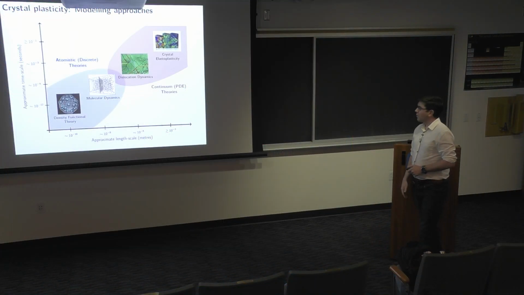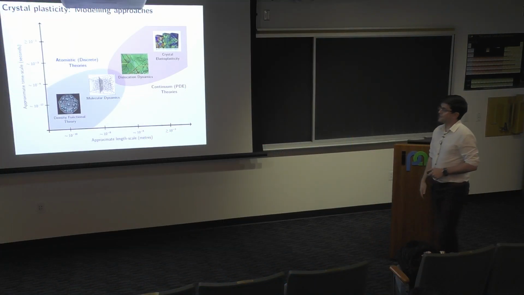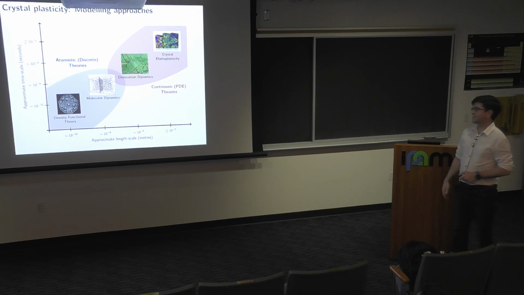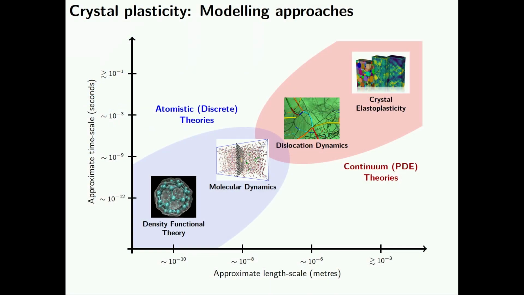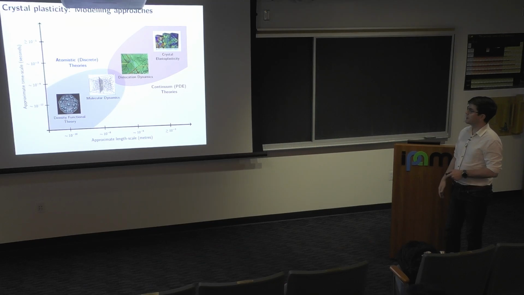Here I've got my own version of this diagram that we've seen many times this week already. I tend to operate in what I'm interested in at this kind of level, somewhere between atoms and continuum, which is a little bit of a challenging area because we have these two phenomenologically different theories.